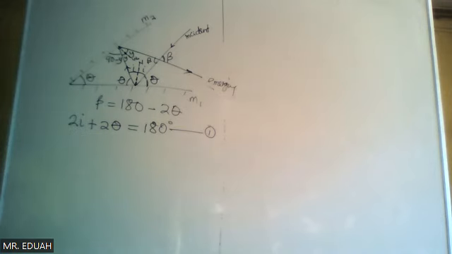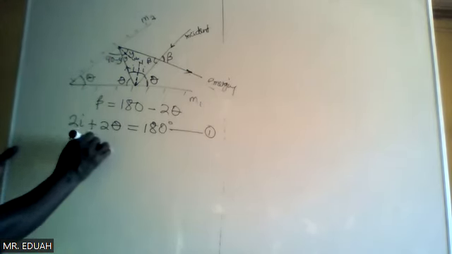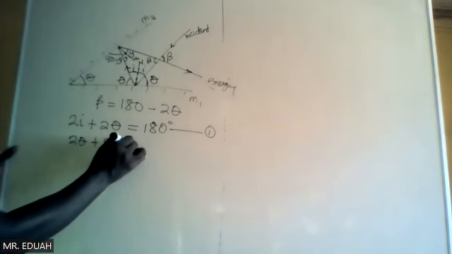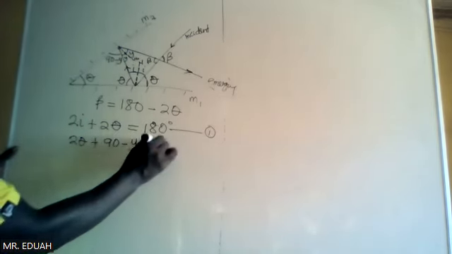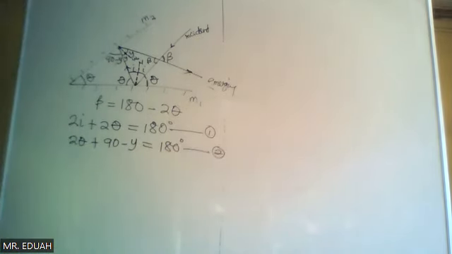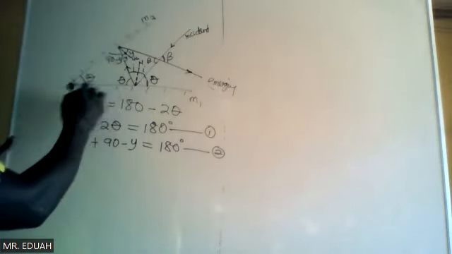If we look at this triangle, we also have 2 theta plus 90 minus y, giving us 180 degrees. Then finally, to this right angle triangle.